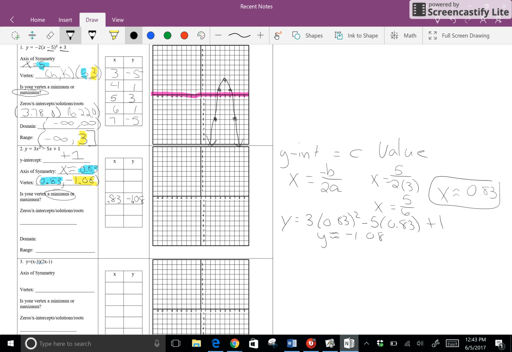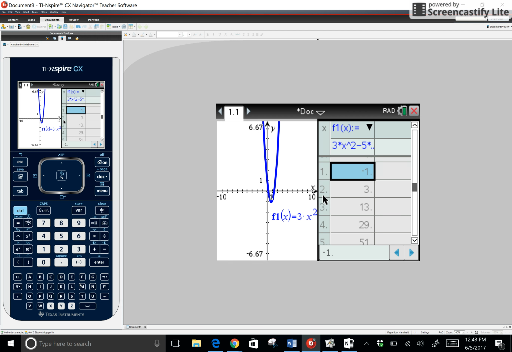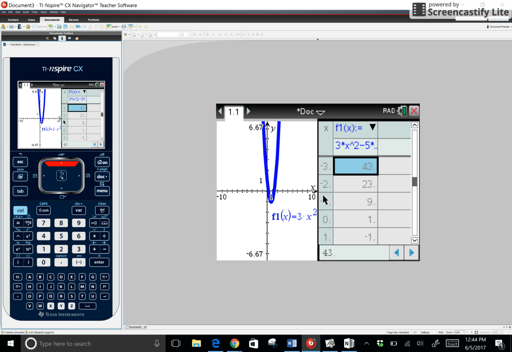Now, what two numbers is 0.83 between? It is between 0 and 1. So you can make your table doing it that way, or you can make your table with whatever plottable points the table gives you. Like for -2, 23, there's no way that you're going to plot that. 23 is too high.